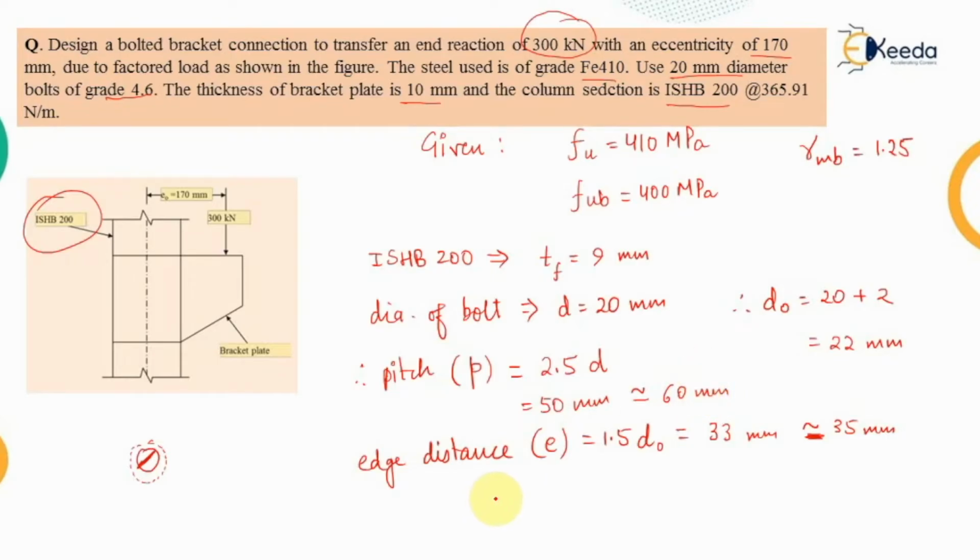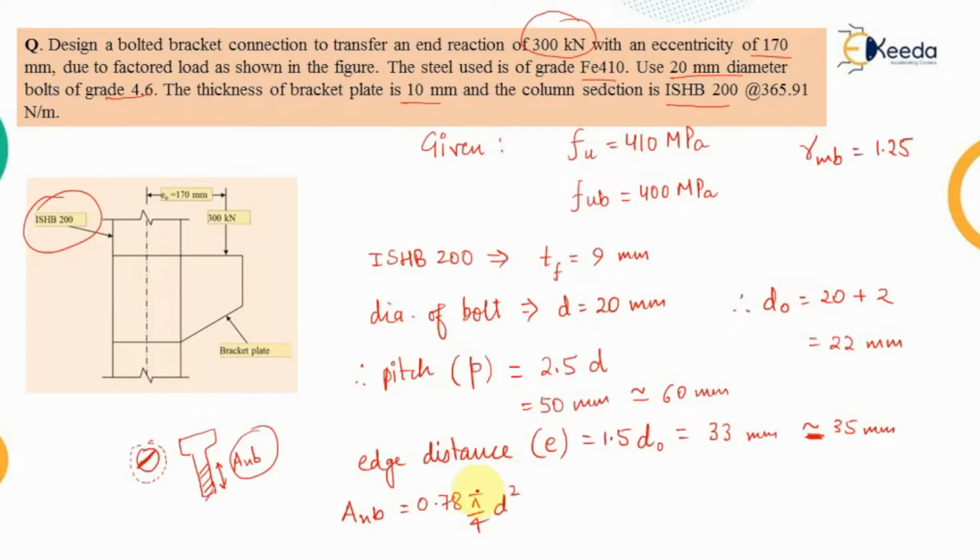Now corresponding to it, we need to calculate the net area of the bolt. So whenever a bolt is provided, this is the assembly of the bolt which is connected to the other plate, and there are threads at the bottom of the section. Therefore, because of the threads present at the bottom, the section area has been reduced, and this is the net area of the bolt, which is calculated by the formula 0.78 pi by 4 into d square.